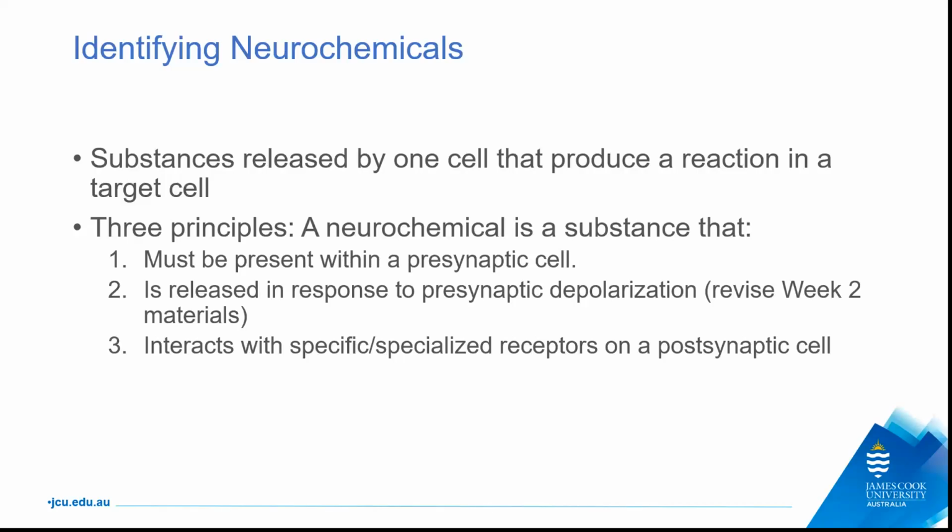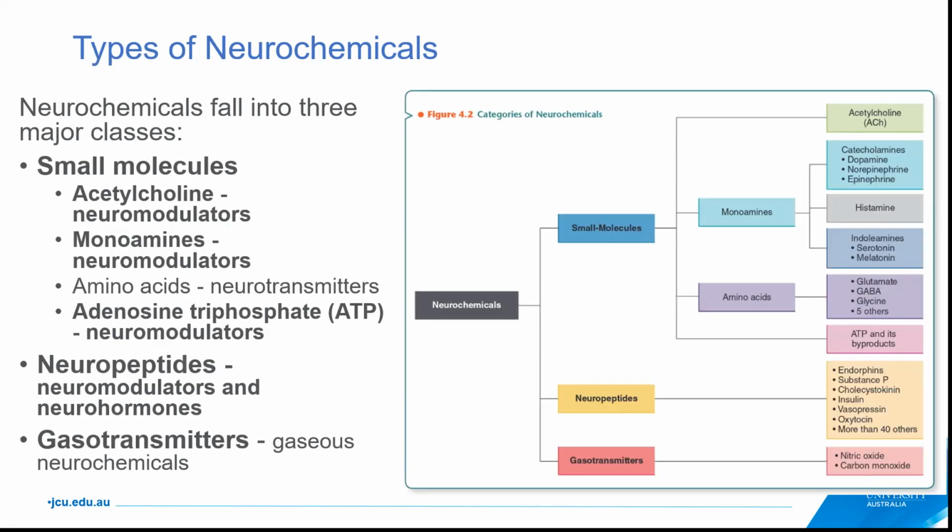A neurochemical must be present within a presynaptic cell. Number 2 is that it must be released in response to presynaptic depolarization. That one I need everybody to revise with week 2 materials. Number 3 is that it interacts with specific or specialized receptors on the postsynaptic cell. Number 3 is a bit too much, I know. We'll talk about it in the slides that follow.